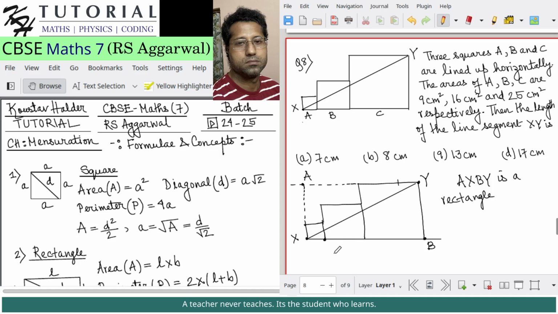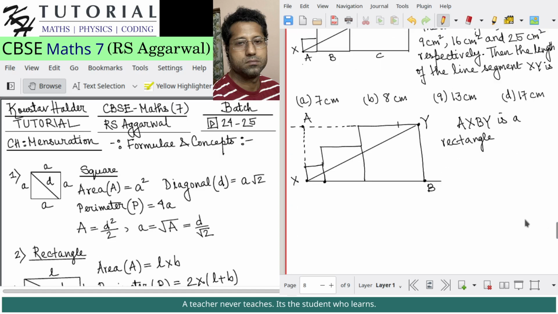Now what will be the length and breadth of this rectangle AXBY?